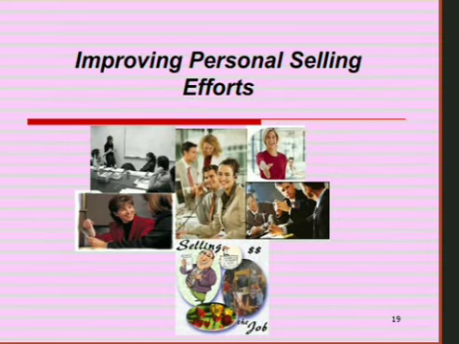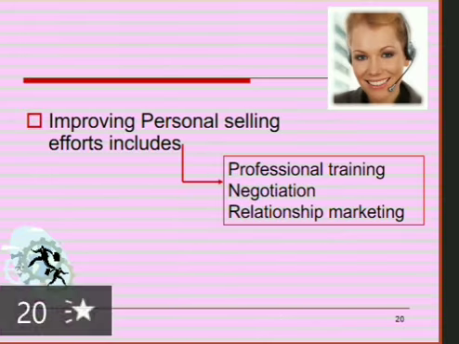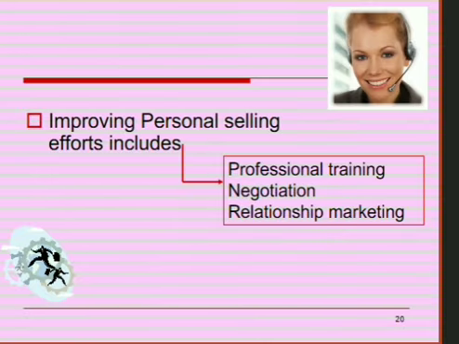The next topic we'll discuss in this session is improving personal selling efforts. Improving personal selling efforts can be carried out in 3 ways: professional training, negotiation, and relationship marketing.